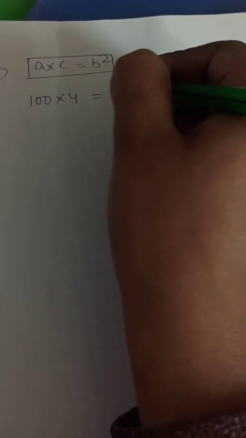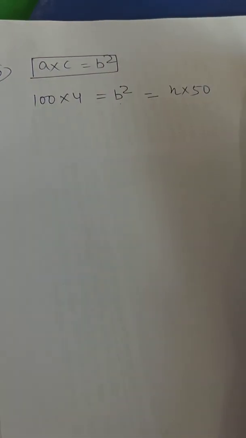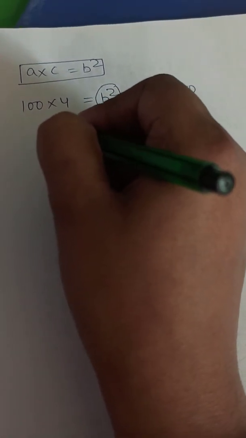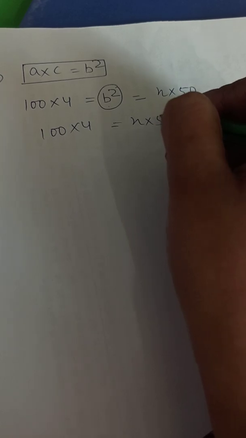So the mean proportion of 104 is equals to the mean proportion of x and 50. Like this. So see, they are equal, they will cut. It means these two will be equal. x multiply 50.